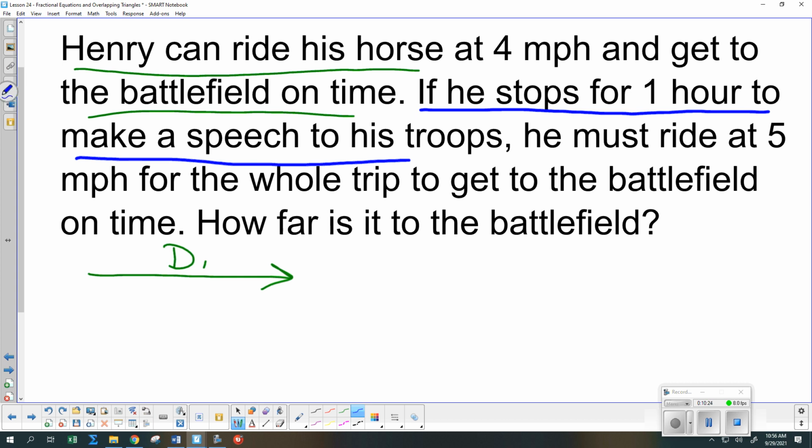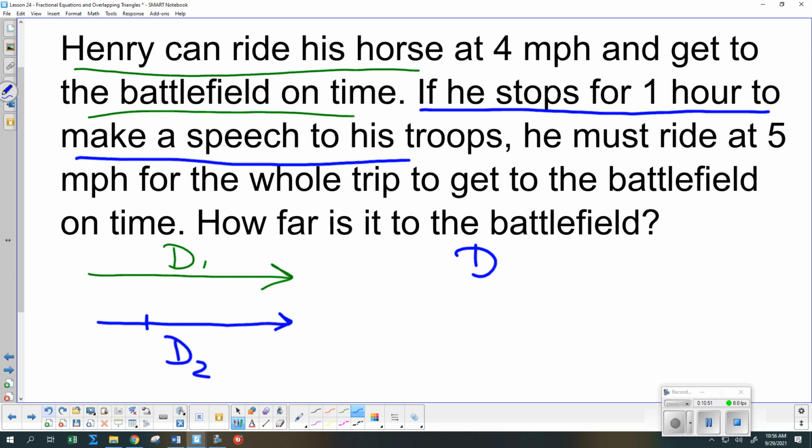He starts off going, and then he stops for an hour, and then he keeps on going, but it is still the same distance. It's just he stops for an hour on the way. You don't really need to put that little mark in there. I just kind of wanted to help you understand what's going on with that one. So we know that for this, rate times time, I'll start out with distance.